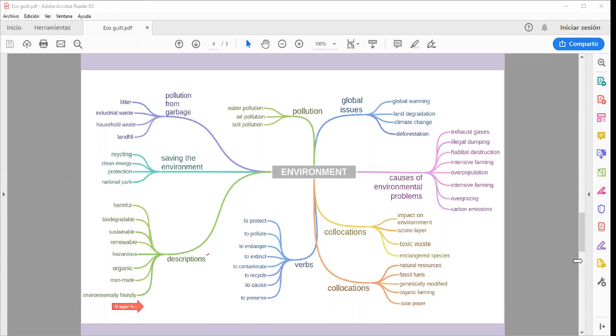For example, Angelica wrote sorting the trash, to separate the trash. Angel wrote, the government invest in children's education. Hey, that's very good. Angel, thank you. Juan Bernardo, biodegradable dishes. That was a very good idea. Thank you, Juan.